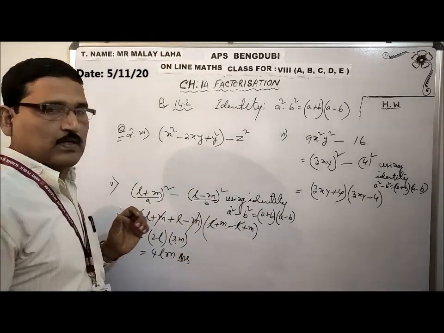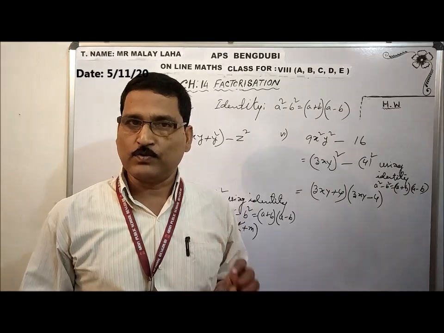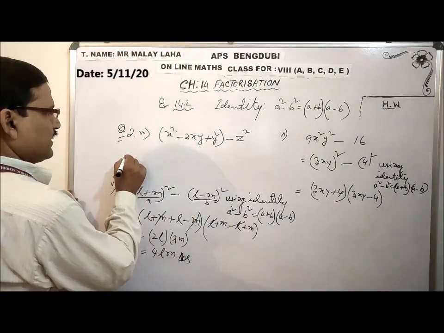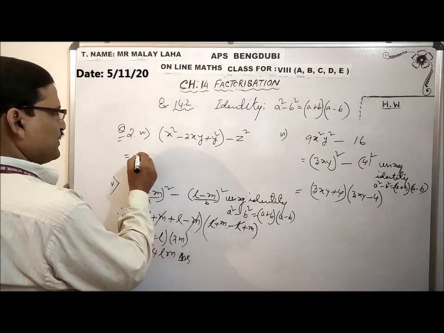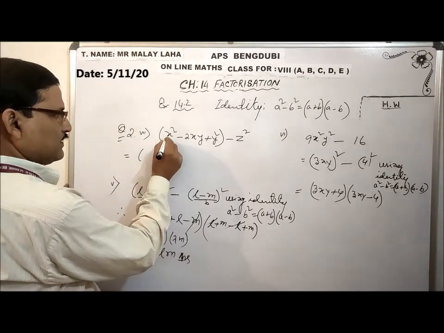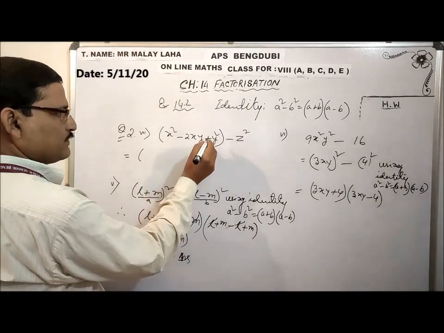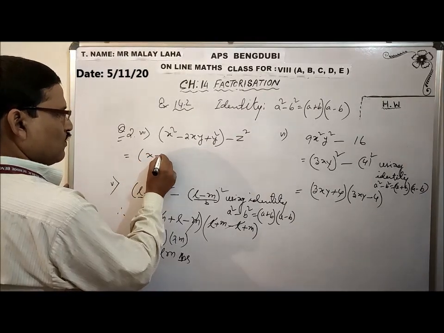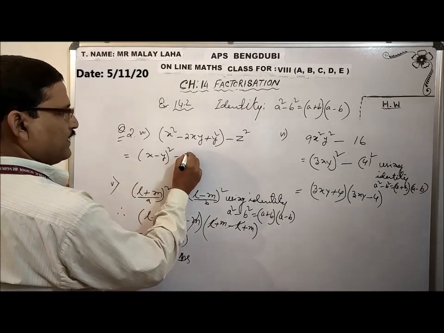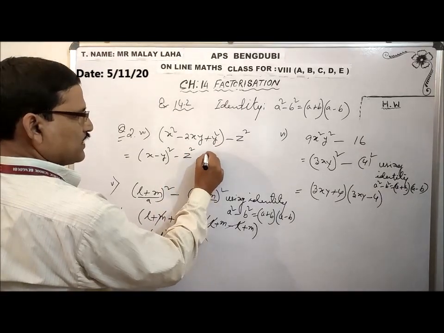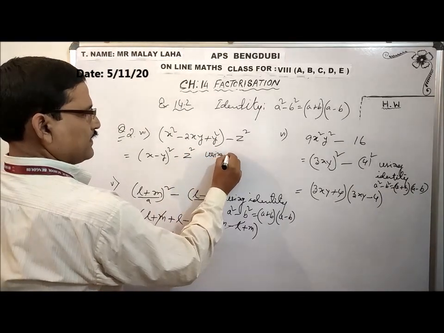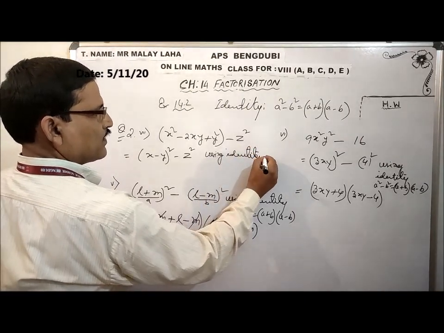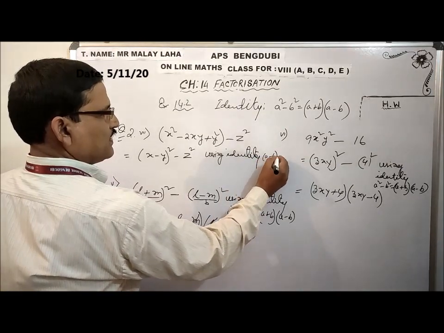Okay, so here I have to follow first a minus b whole square, and then a square minus b square. So here we can write this is the identity of a minus b, that means y is the b. x minus y whole square minus z square. First you write down using the identity a minus b whole square.